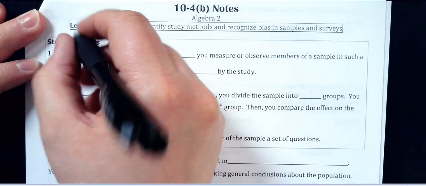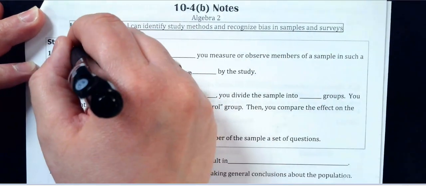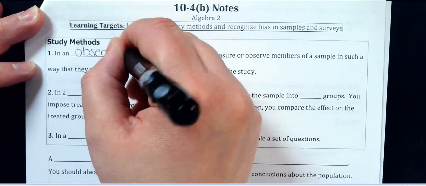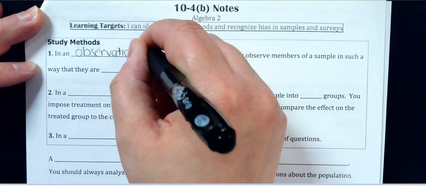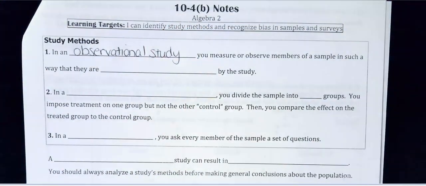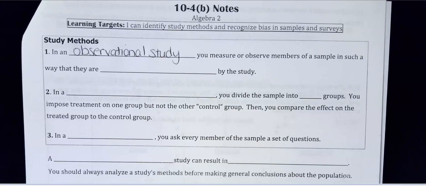Okay, the first one, the first blank here, it just says in an observational study. Okay, observational study. All you're going to do is you're literally just going to observe. You're not going to interact with whatever you're observing.